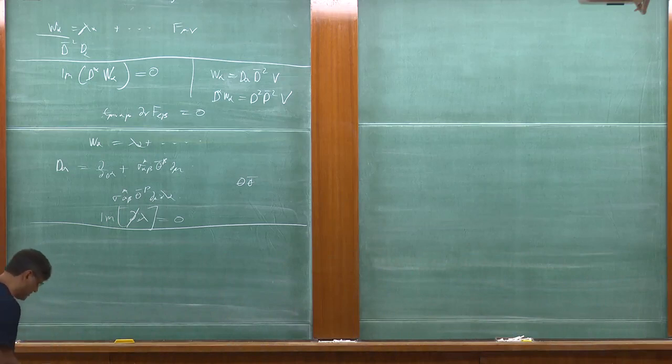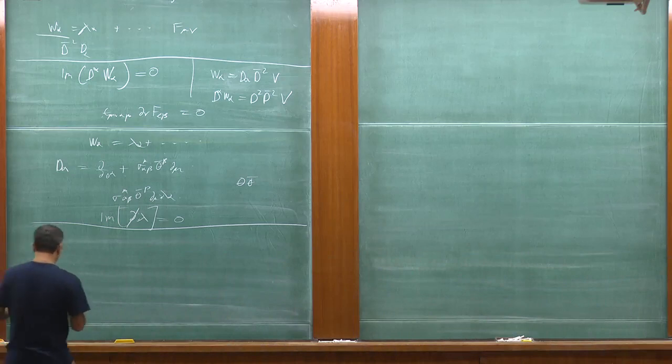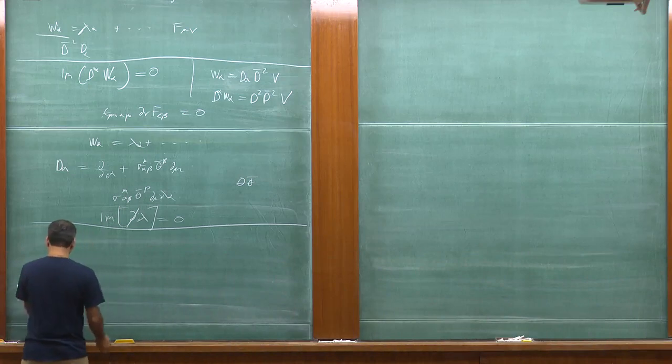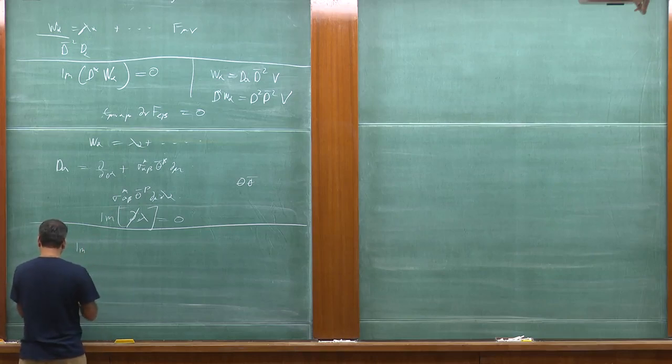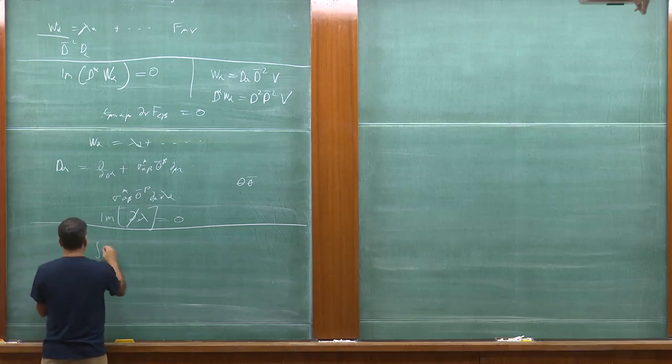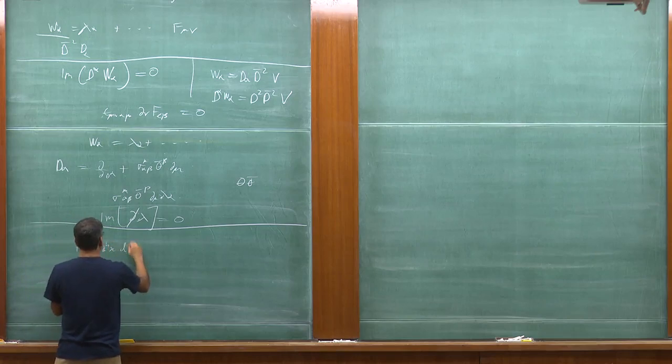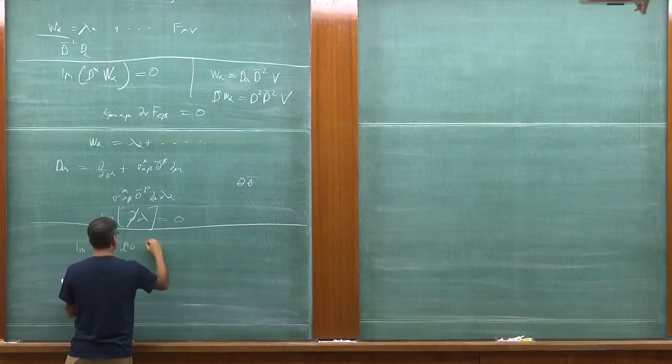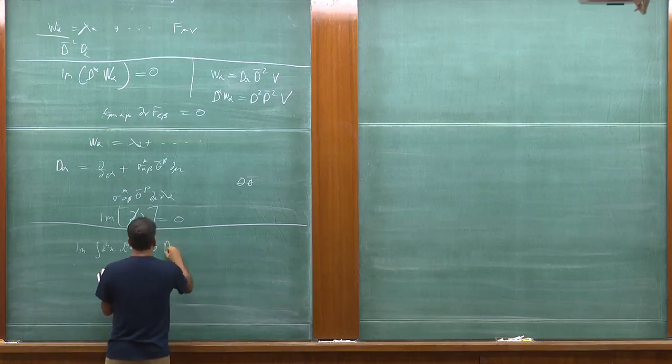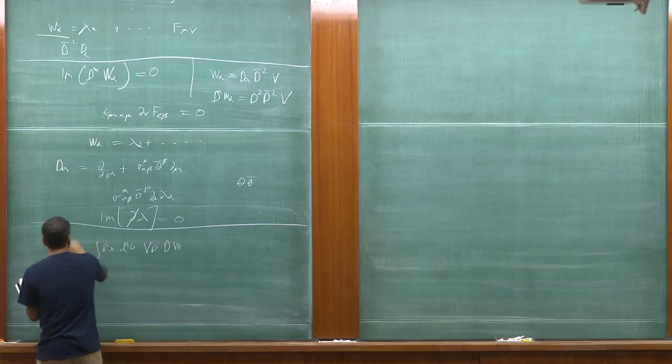Well, one way of doing that is to add the following term to the Lagrangian. Take the imaginary part of the integral d4x d4 theta Vd times dw, and add it to the Lagrangian.